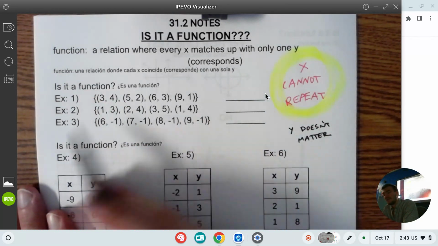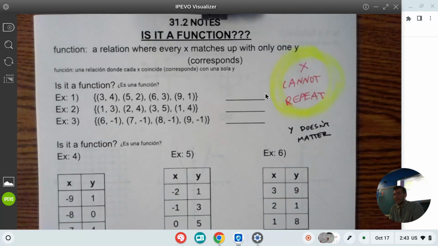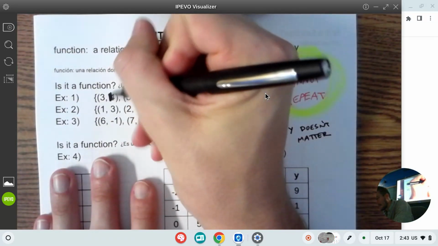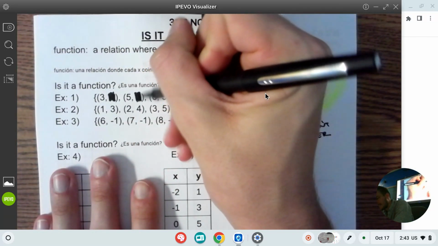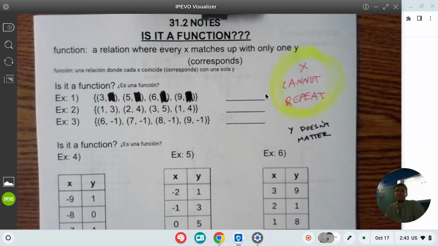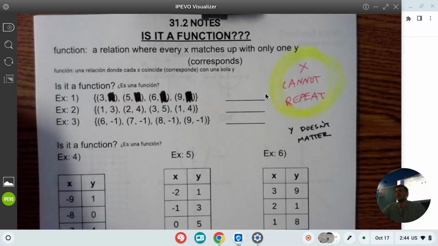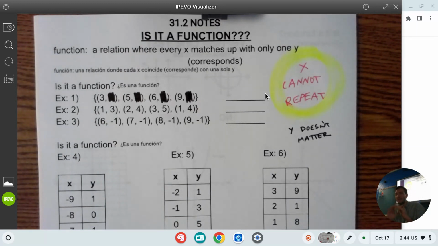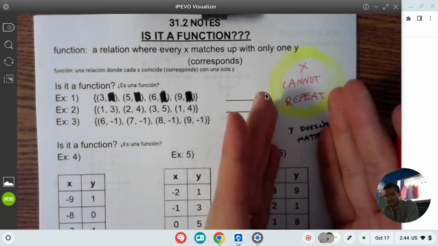So, for the entire paper, if you went through and literally scribbled out every single y number to the point that you couldn't even read them anymore, you could still get a 100% because the y's are completely useless. We only care about the x's.